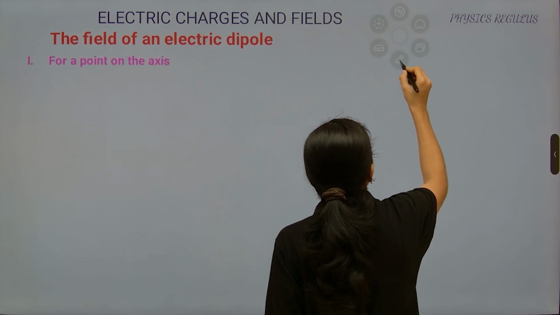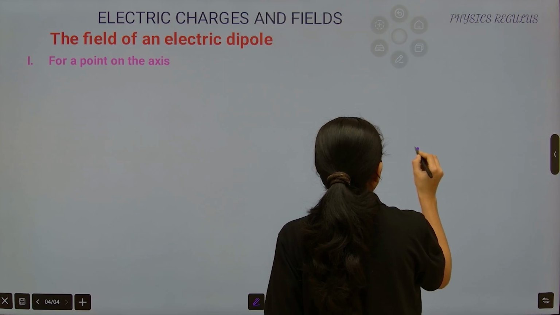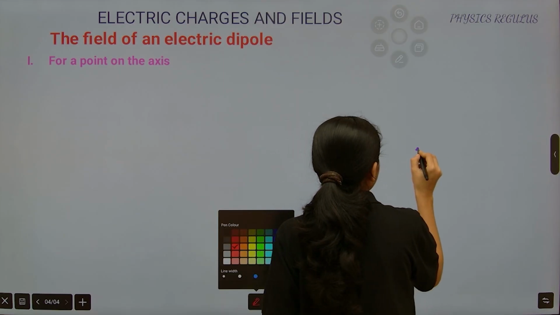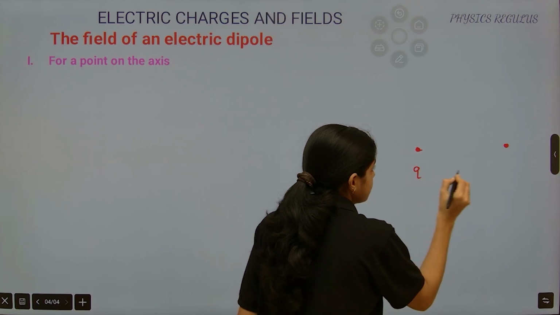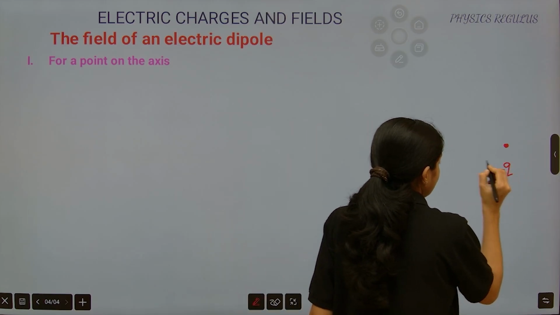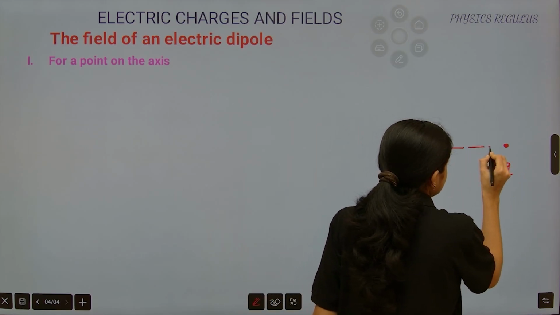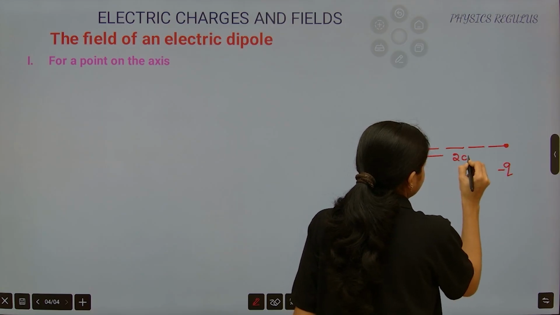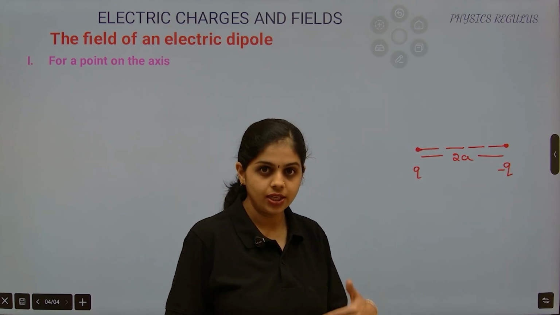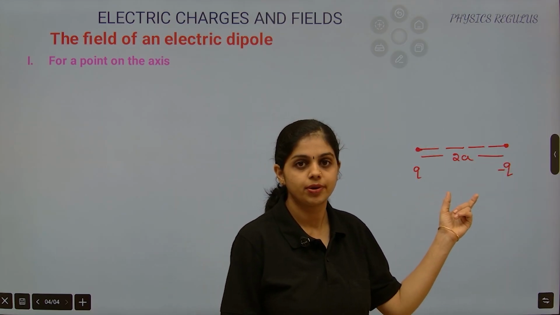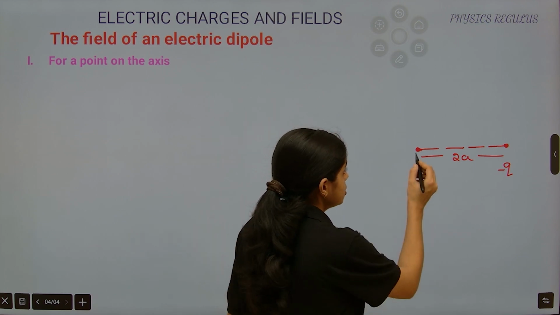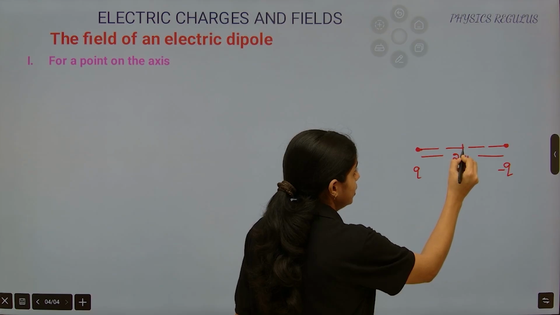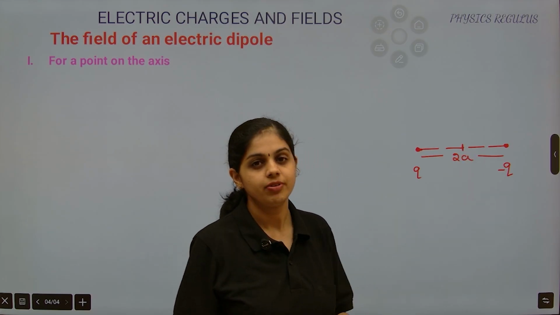Let me consider a dipole again, consisting of charges plus Q and minus Q separated by a very small distance 2a. For convenience, we take the separation between the two charges as 2a so that the distance between each charge and the center of the dipole is a. It will be easy for us.